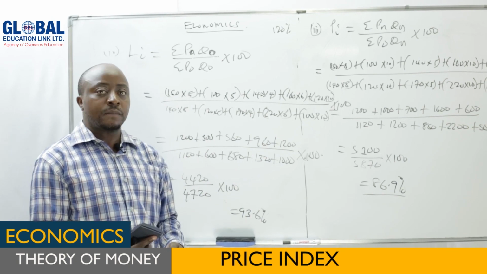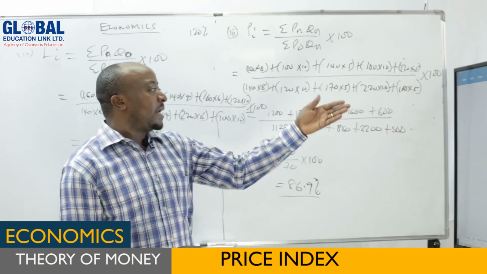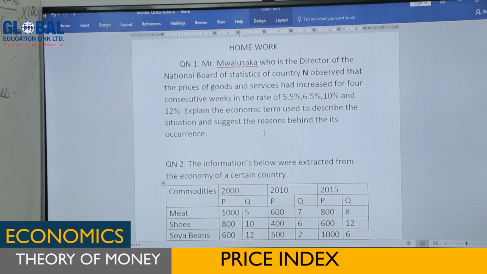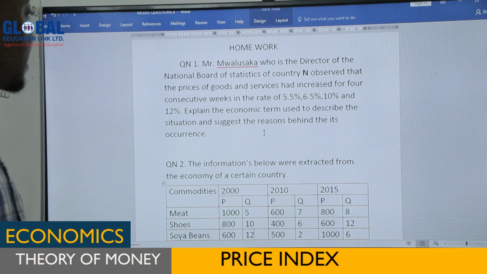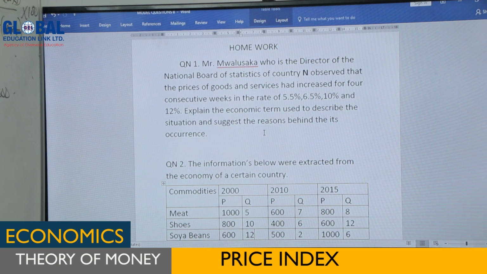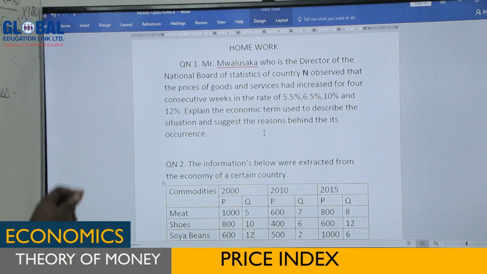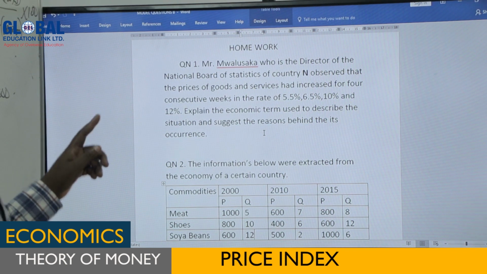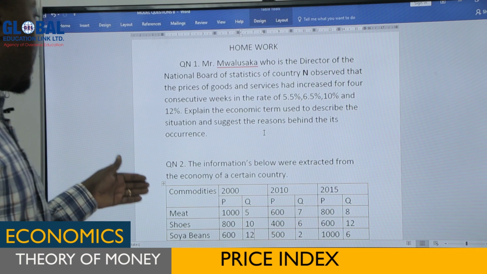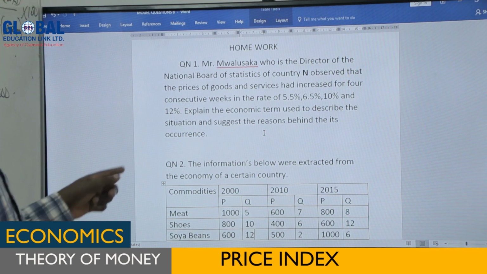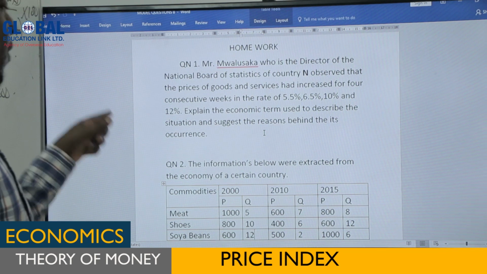Question number 1 is asking: Mr. Mwalusaka, who is the director of the National Board of Statistics of country N, observed that the prices of goods and services had increased for 4 consecutive weeks at the rate of 5.5%, 6.5%, 10%, and 12%. Explain the economic term used to describe the situation above. Then suggest the reasons behind its occurrence.